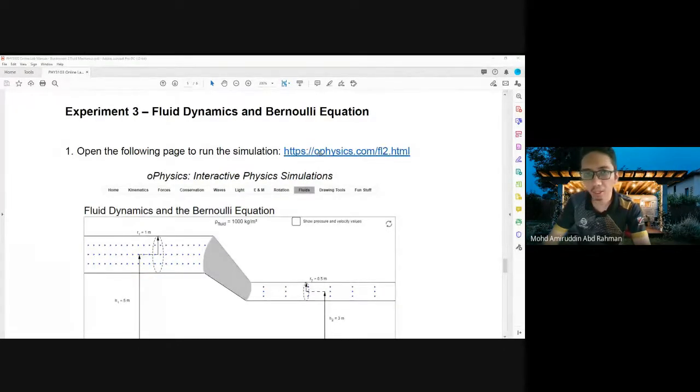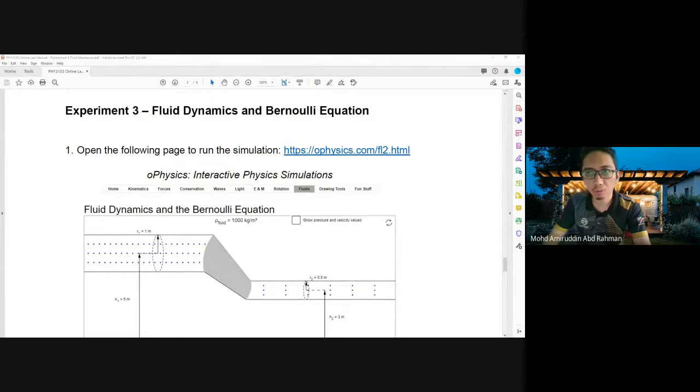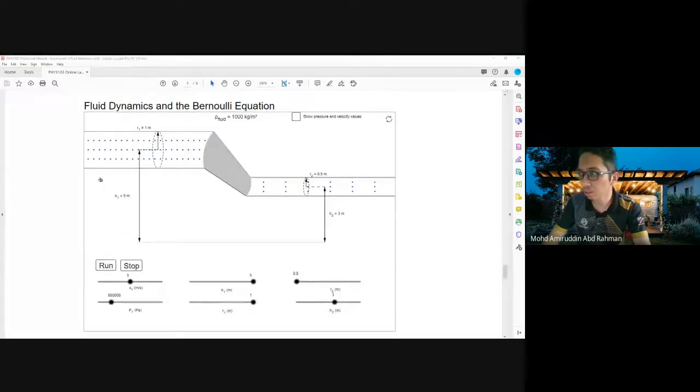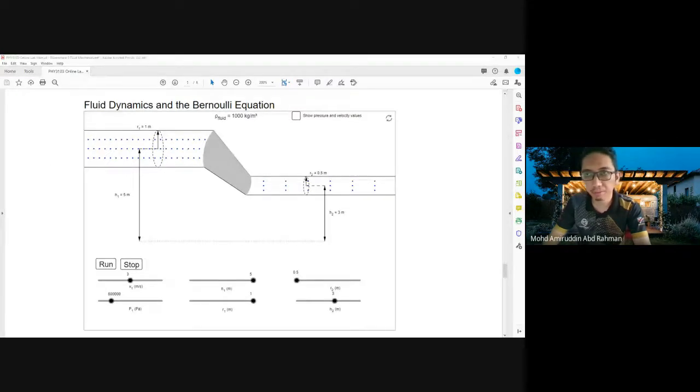You click on the link and it will take you to a simulation. We have the pipe on the left side and also on the right side, and it is connected by a connector.